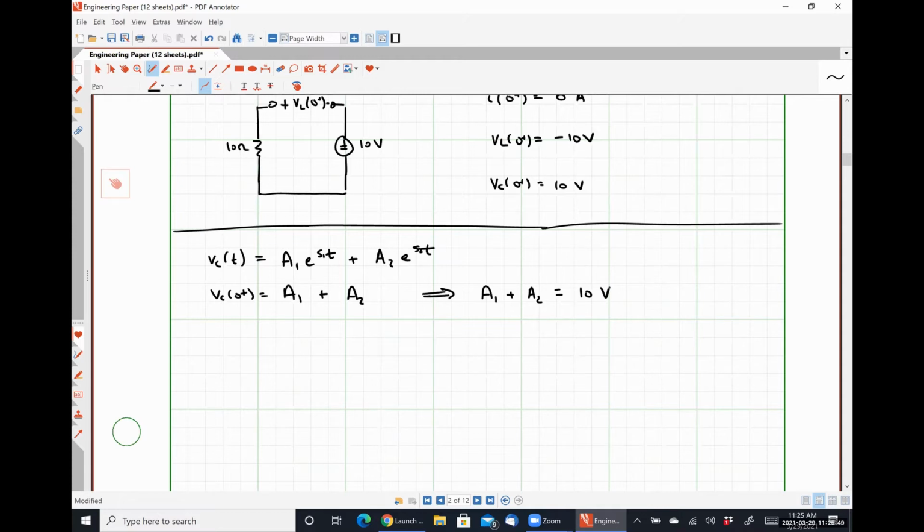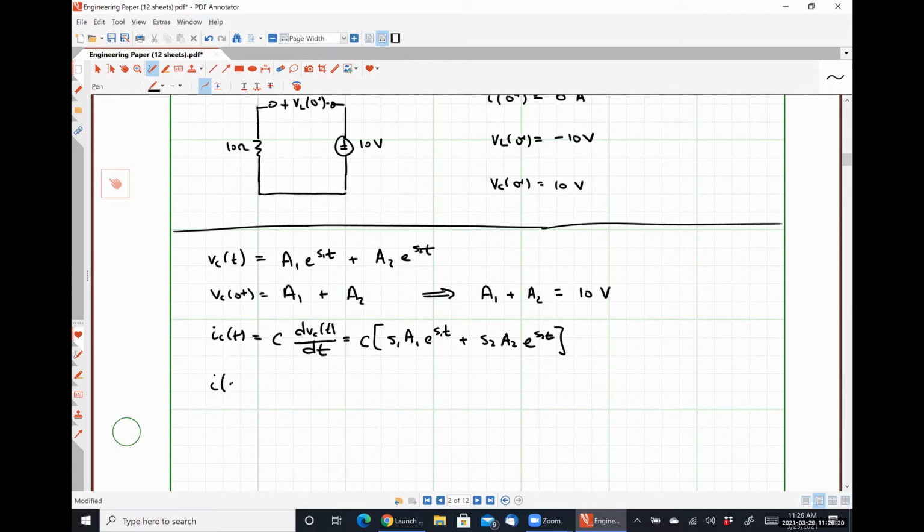All right, so our current IC of t is C dV by dt, which is going to be C times S1 A1 e to the S1t plus S2 A2 e to the S2t.